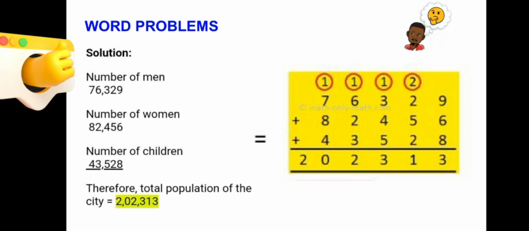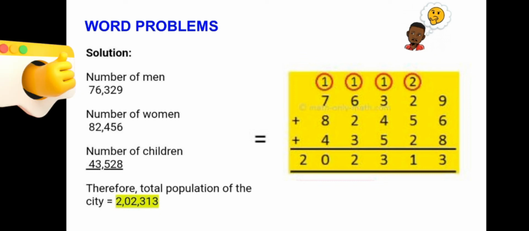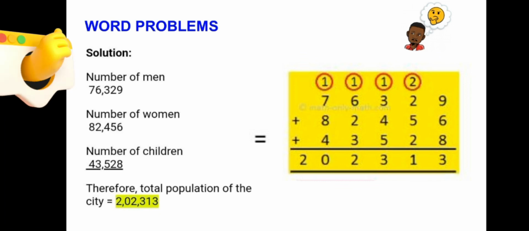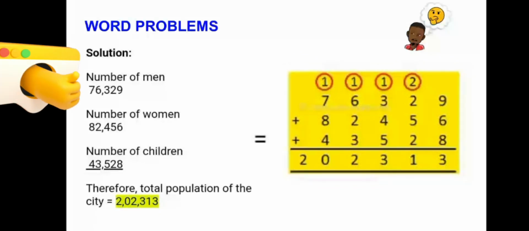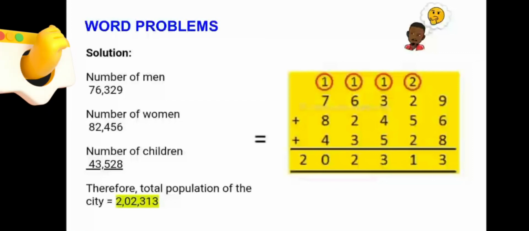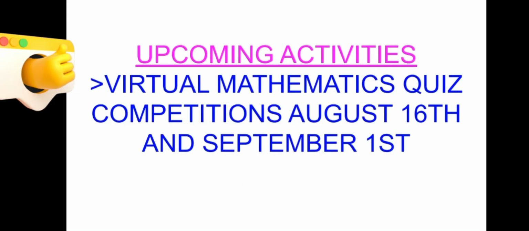So we arrange them. Then after the arrangement, we have 76329, 82456, then 43528. Then we have 202,313.